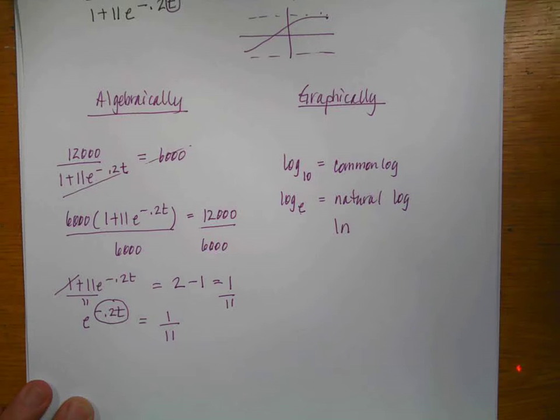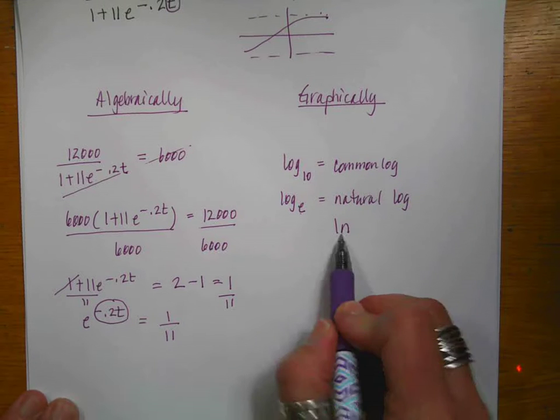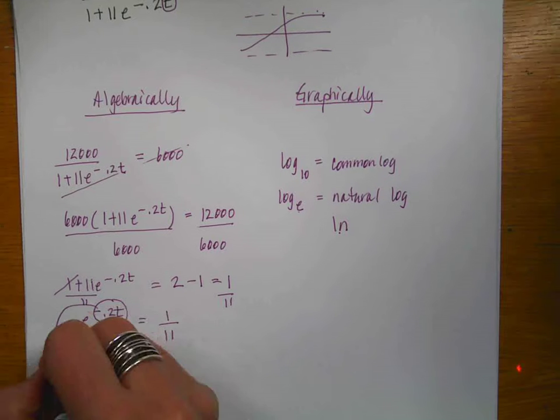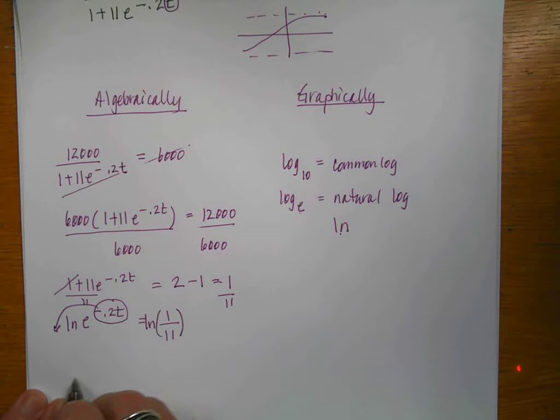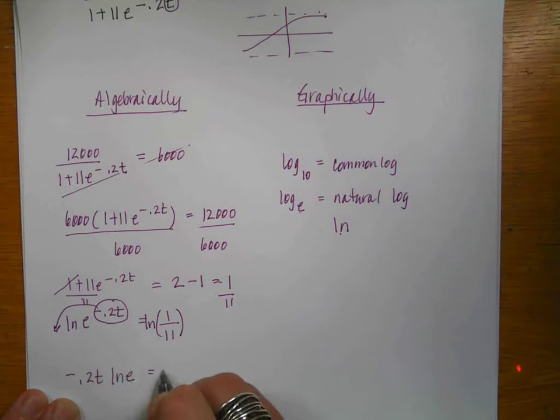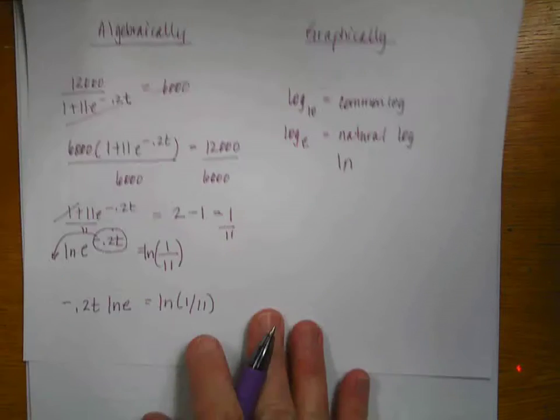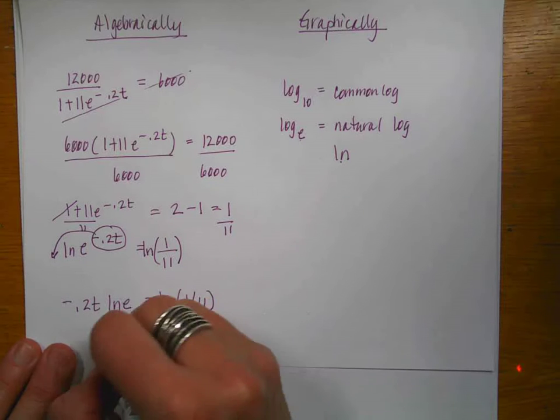And instead of writing log base e, we write ln, and that is a button on your calculator. So since I have an e, I'm going to take the natural log of both sides. The exponent is going to go out front. So negative 0.2t ln e is the natural log of 1 divided by 11.